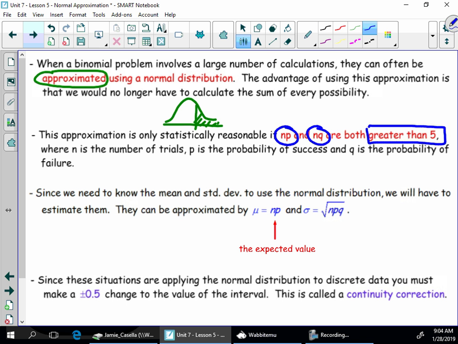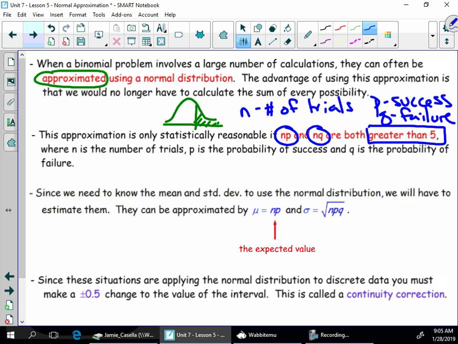Okay? n is still the same thing, n is our number of trials. p is still our success, and q is still our failure. Those things aren't going to change. Same as before. But I have to test out if this is going to work before I try it. Otherwise, the answers I get won't be approximate. They'll be completely wrong.